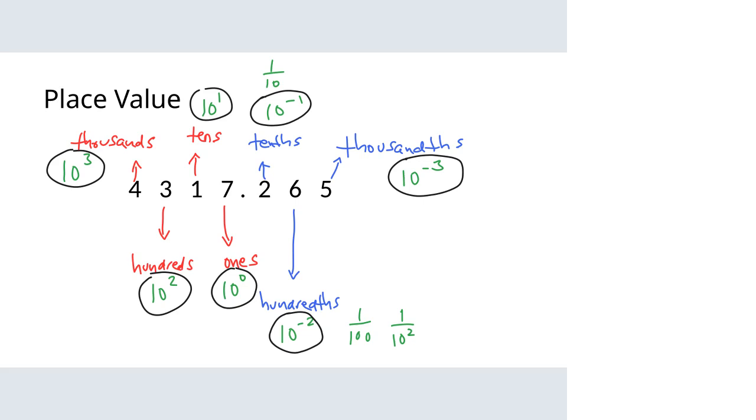The names of these place value positions will be important as we talk about decimals and rounding. The idea that it's a base 10 system is really more something I wanted to show you because it reminds us of something we studied earlier in the semester.